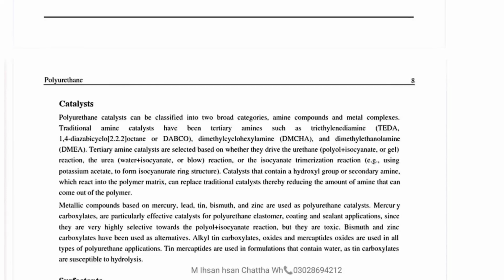But you know, mercury compounds are very toxic. Bismuth and zinc carboxylates have been utilized as alternatives to mercury. Although mercury is toxic, it can be utilized. If we want to replace the mercury, then we use bismuth and zinc carboxylate.